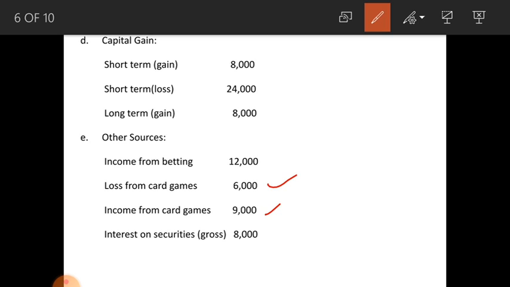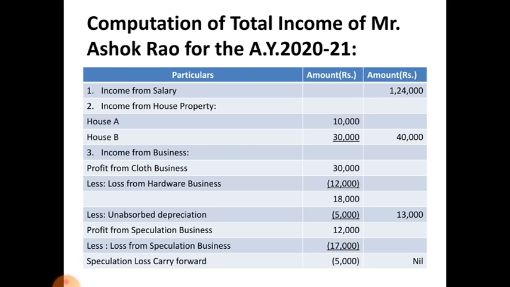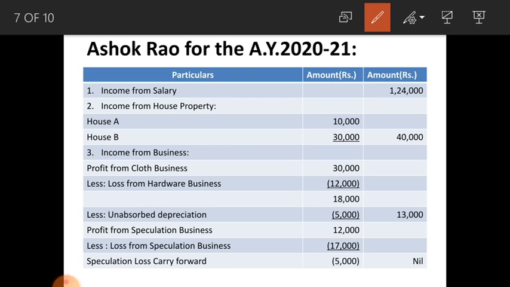Next, interest on securities, gross amount is given. That is fine, you have to write the gross amount only, 8,000 is there. Let us solve this problem. Computation of total income of Mr. Ashok Rao for the assessment year 2020-21. Particulars and two amounts column.